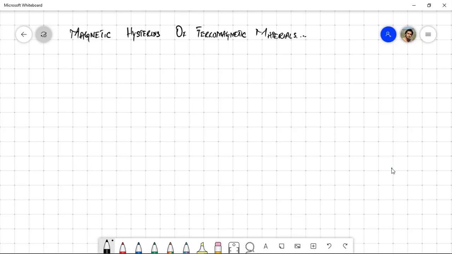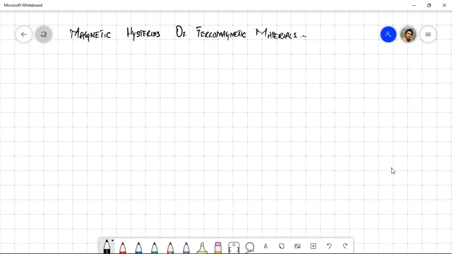Because of this, whenever we remove the external magnetic field, if those domains, those atoms, those magnetic moments are still aligned in some way, then instead of canceling each other, all those magnetic moments will add up and give us a value of M. As a result, that material will now exhibit the properties of a magnet, and we will use that material as a permanent magnet.